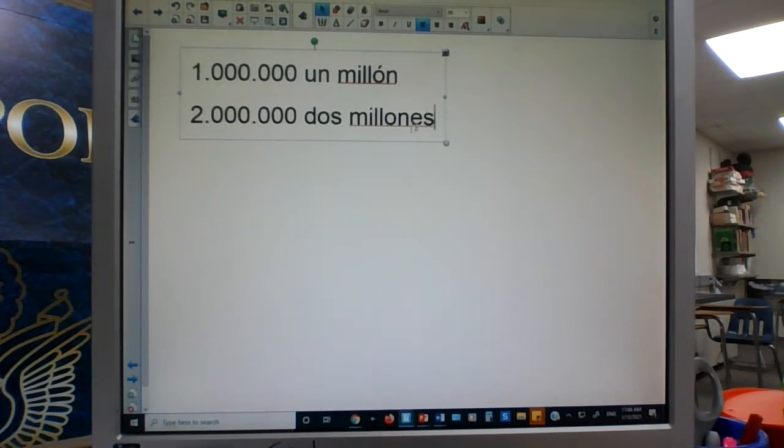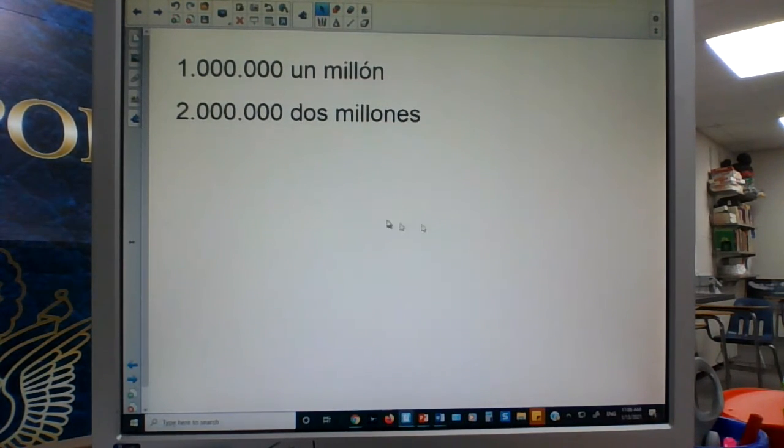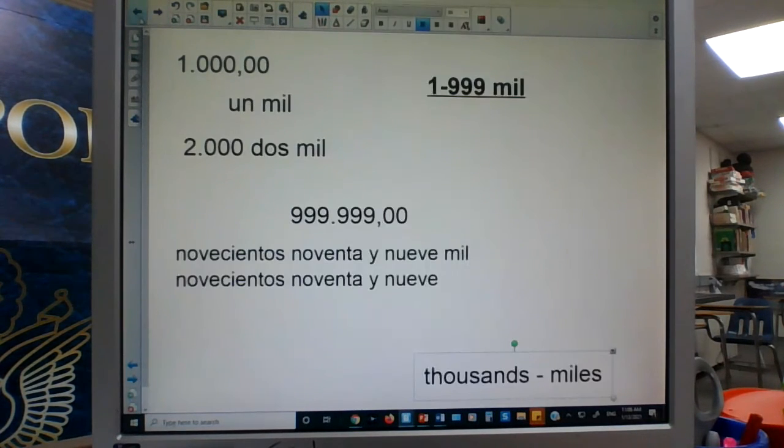Millones. Un millón, 2 millones, 3 millones, 4 millones, 10 millones, 100 millones. Once you know this pattern, you can count to infinity and beyond, al infinito y más allá.